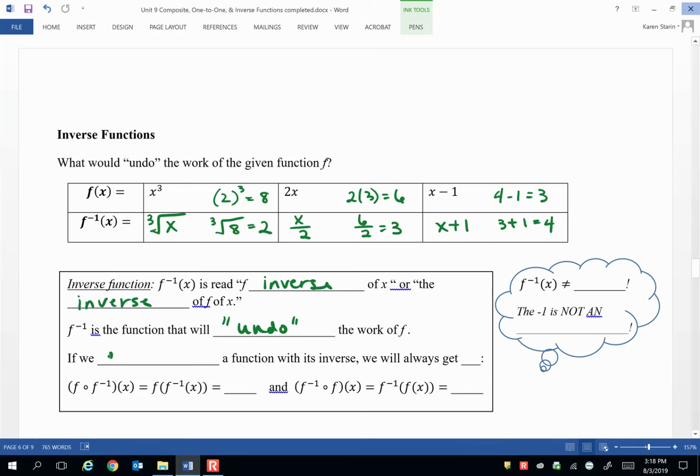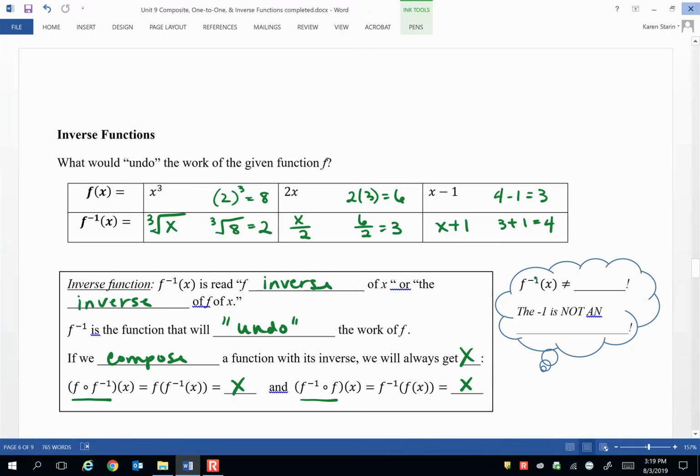If we compose a function with its inverse, we will always get x. That was the examples, the actual values I plugged in the table above. We will always get x back if we have the right inverse. So if I compose f with its inverse, I will get x. Or in the opposite direction, if I compose f inverse with f, I will get back x.